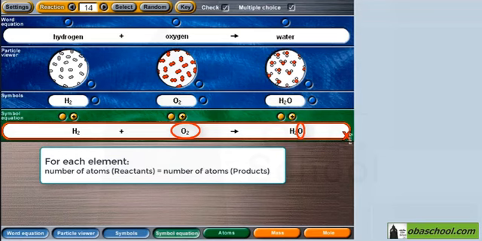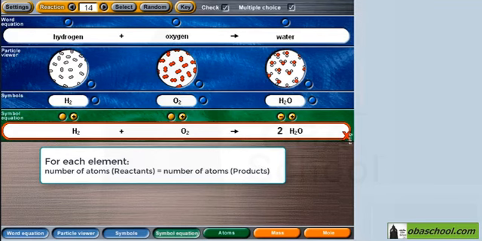It's 1 O. So 2 oxygen atoms in the reactants and 1 oxygen in the products. That's why we need to balance this equation to have the number of oxygen atoms in the reactants equal to the number of oxygen atoms in the products. How can we do that?